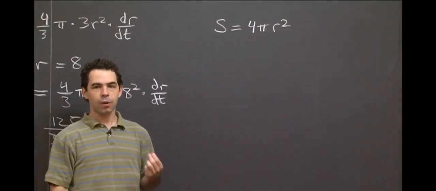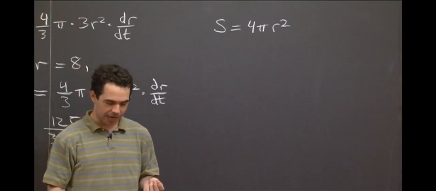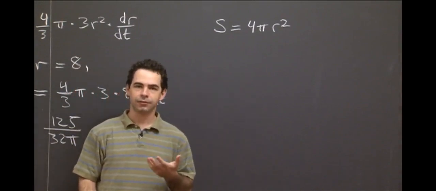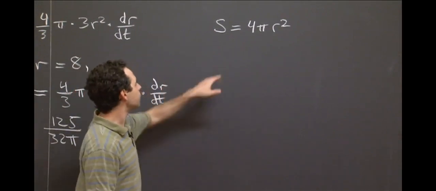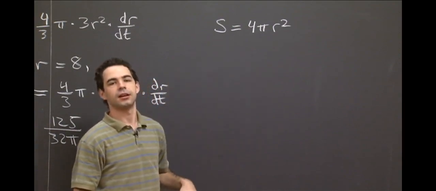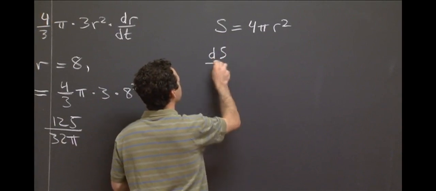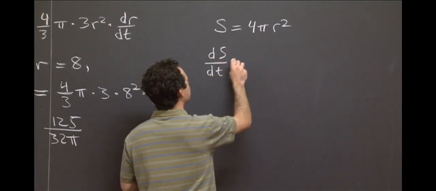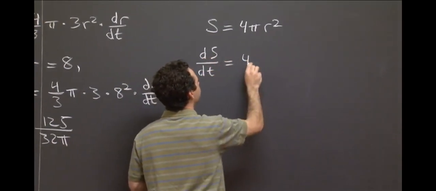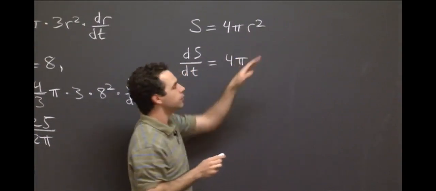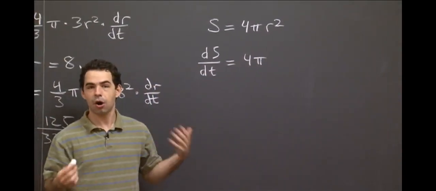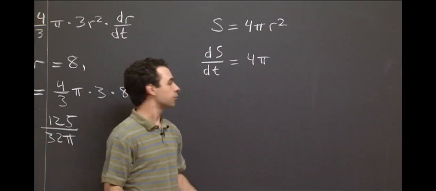Now the thing that we want is the rate of change of the surface area. The rate of change is the derivative, so we want to compute dS/dt. So we just do it. dS/dt is equal to 4 pi, which hangs around, and again we differentiate r squared. r is a function of t, so we have to use the chain rule here.